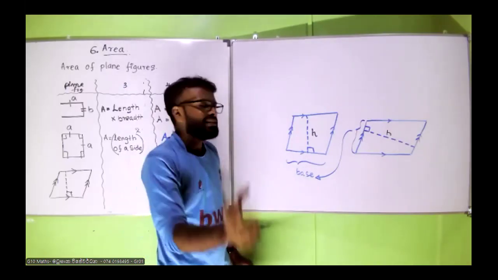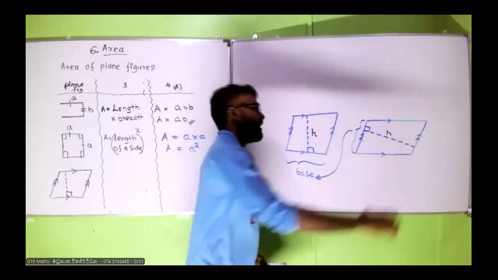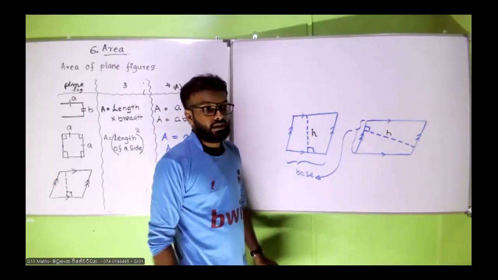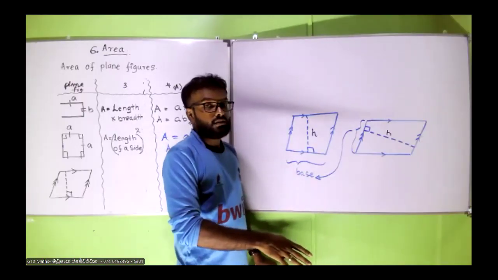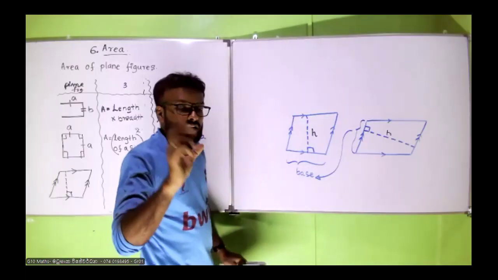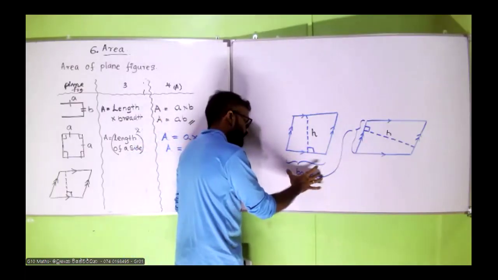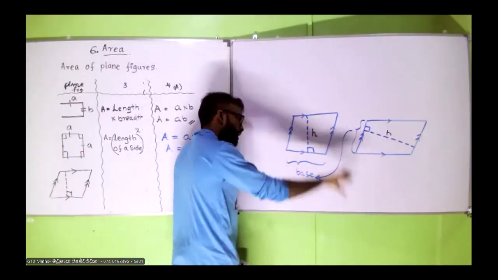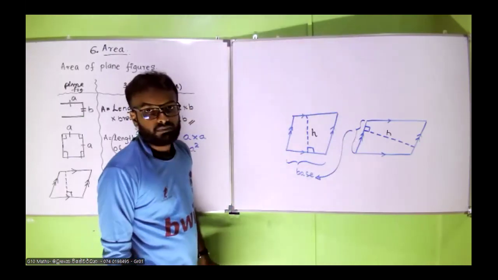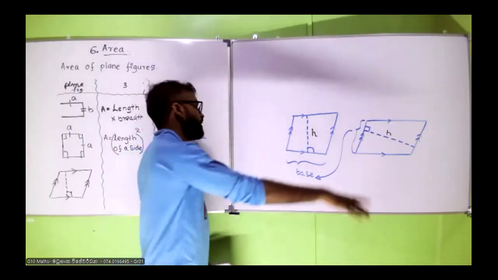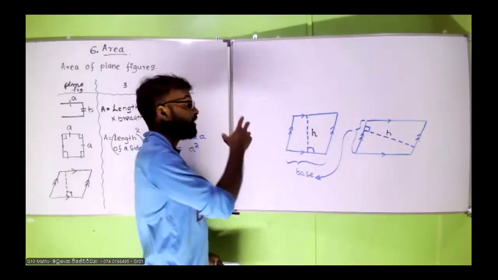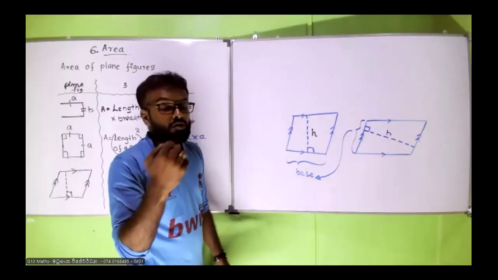Or we can say altitude, another name for height. Keep that in your mind. So we only need the length of the base and the height, the perpendicular height or the altitude, when it compares to the base, to find the area of a parallelogram.